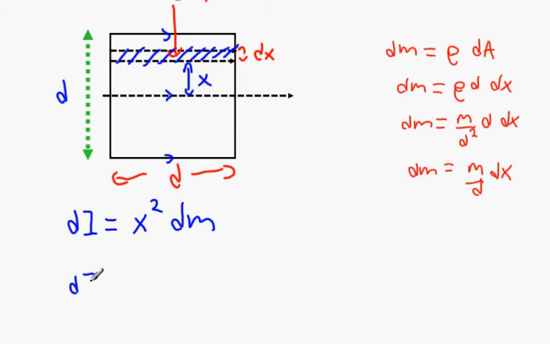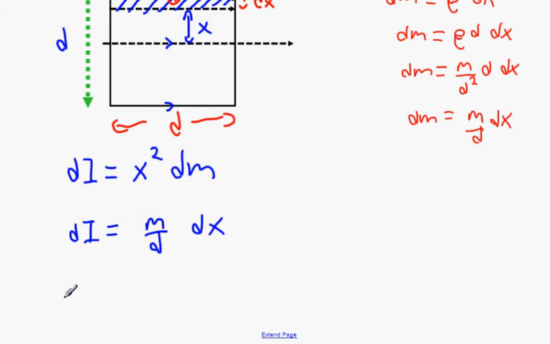So now we're going to have dI equals x squared times M over D dx. Now integrate both sides. When you integrate dI, you get I. We're going to integrate this side. Now this here is a constant, isn't it? M is fixed because it's the mass of the entire system. D is fixed because it's the length of the entire system.